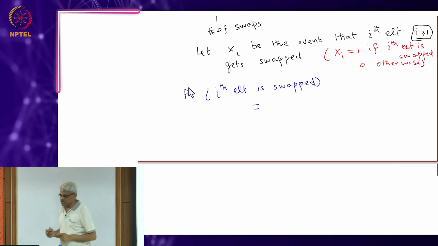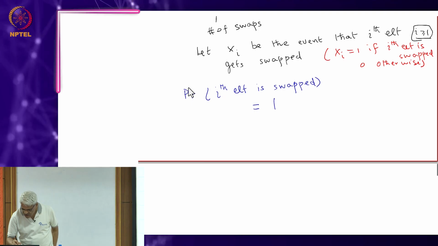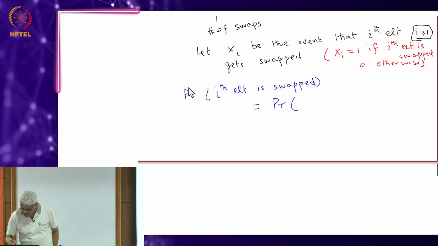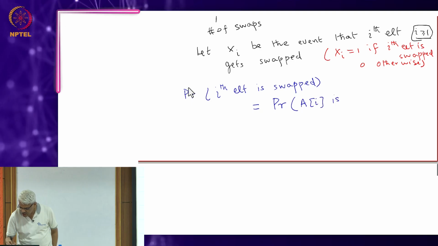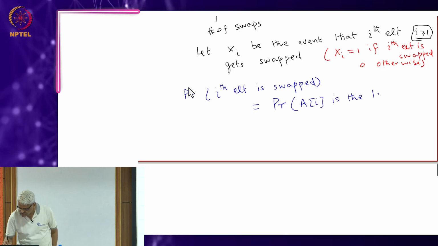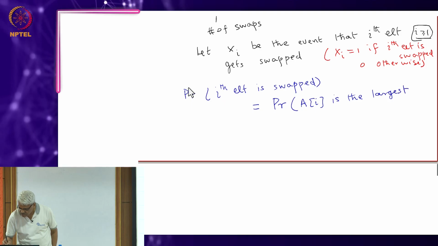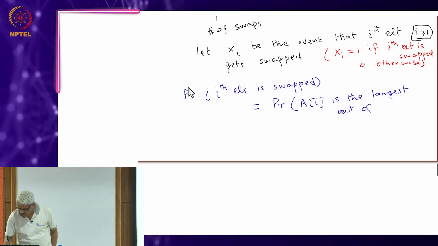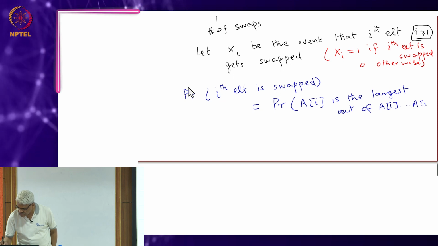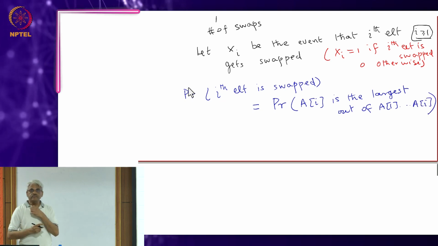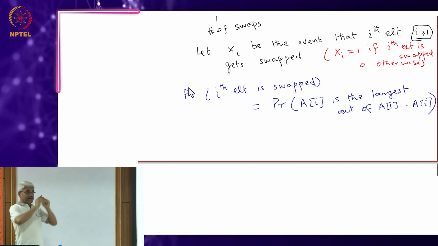So this is the probability that Ai is the largest out of A1 to Ai. Now remember, it's a random permutation.